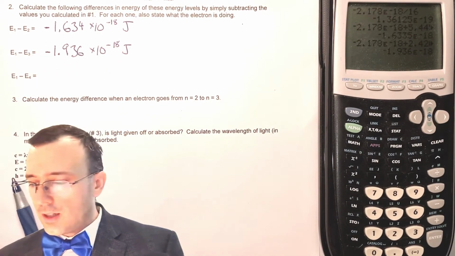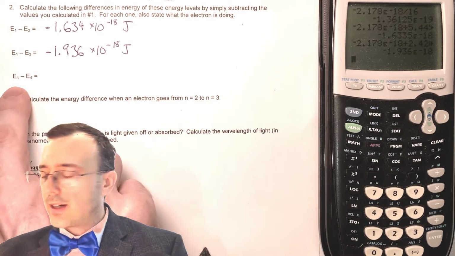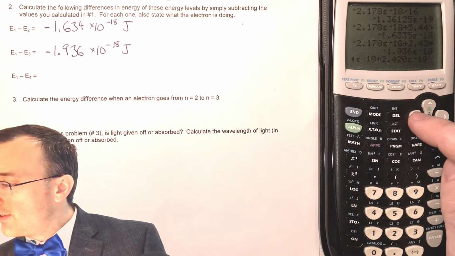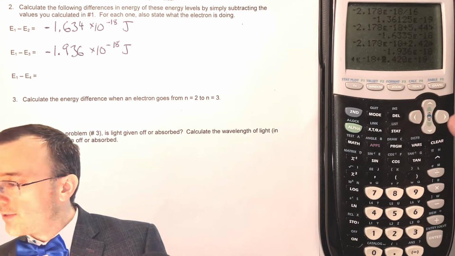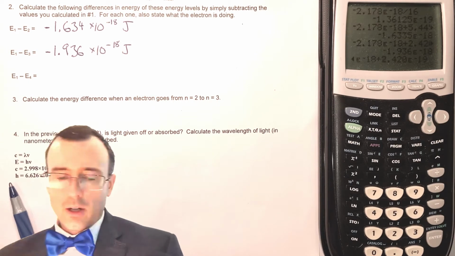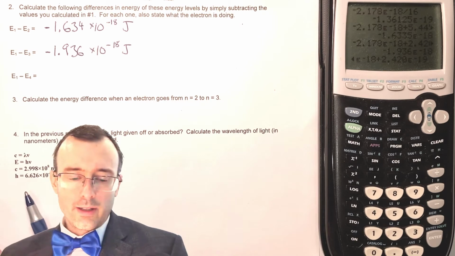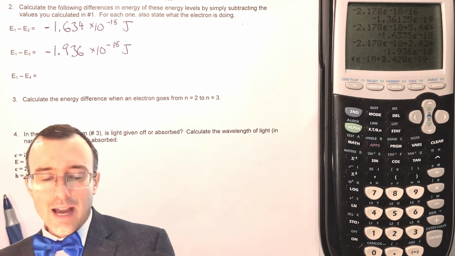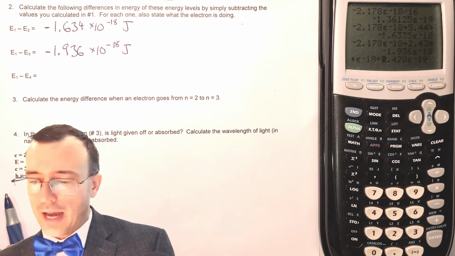All right, one more here, going from energy level 4 down to energy level 1. So I'm going to once again bring up my previous entry and just modify this number here. Once again, negative 2.178 times 10 to the minus 18 minus a negative number. So we're just adding to that.